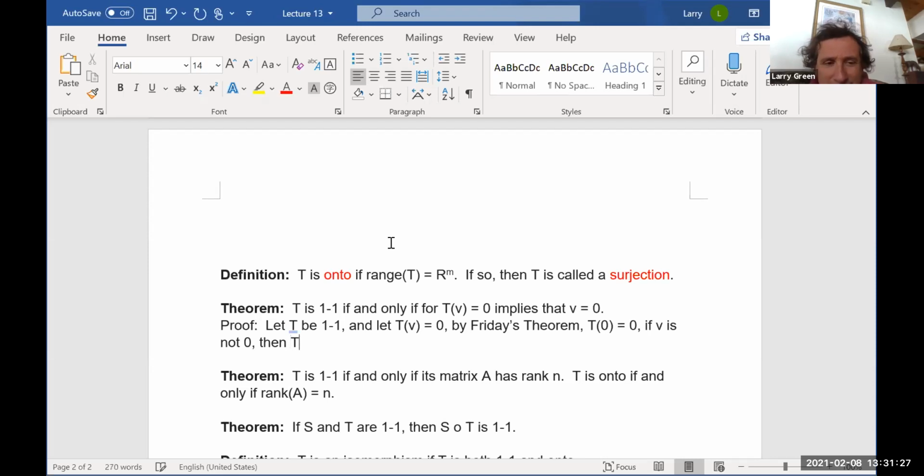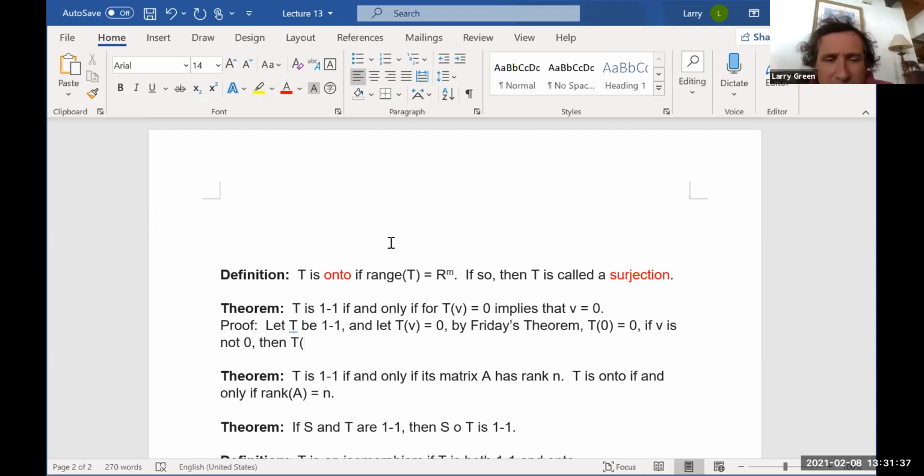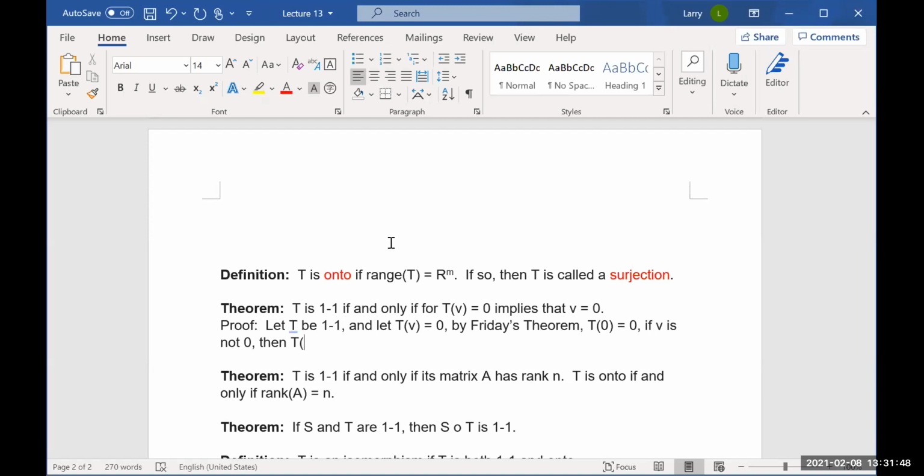What can we apply T to? T of 0v. Yeah, but that's not going to help. The 0v is what got us the T of 0 being 0.